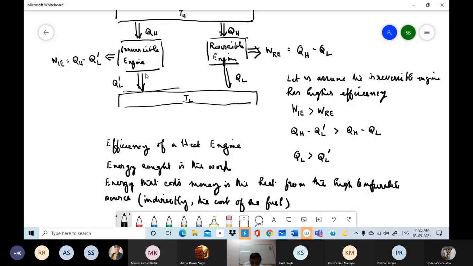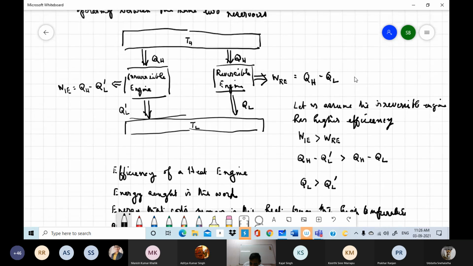So a smaller fraction of it would be rejected to the low temperature reservoir. Since by assumption this has lower efficiency, a smaller fraction is converted to work, and a larger fraction is rejected to the lower temperature reservoir as Q. So QL is greater than QL prime.